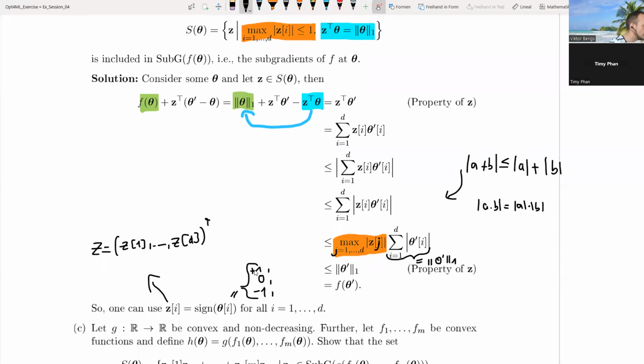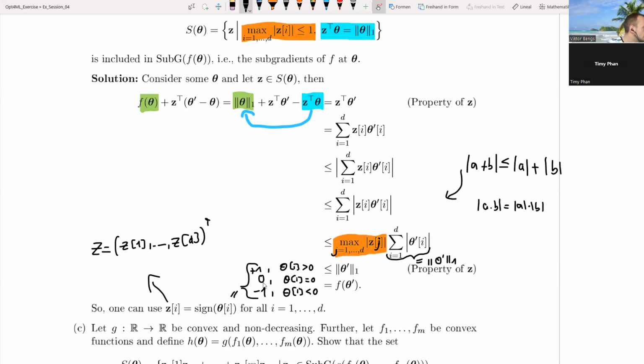It's +1 if theta i is positive, it's -1 if theta i is negative, and in the remaining case where it is 0, it is 0. So it's giving us the sign of the input, and for the 0 input, we simply return 0.